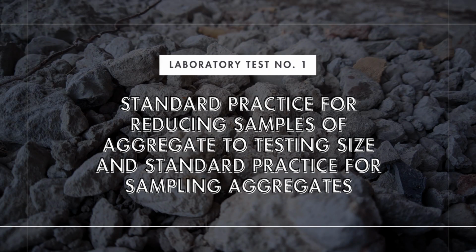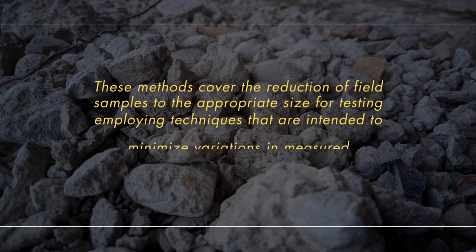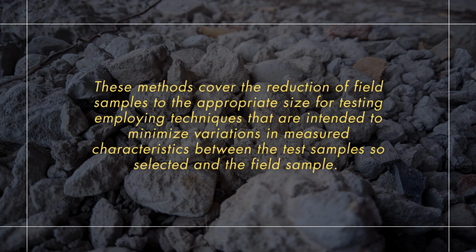Laboratory Test 1. These methods cover the reduction of field samples to the appropriate size for testing, employing techniques that are intended to minimize variations in measured characteristics between the test sample so selected and the field sample.